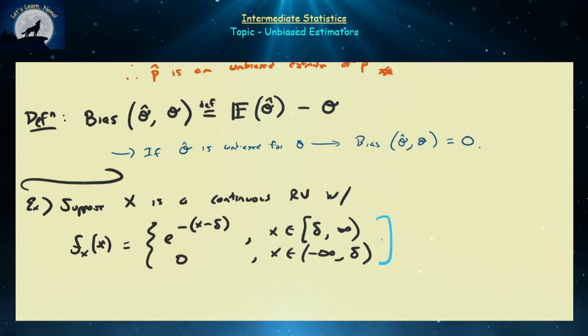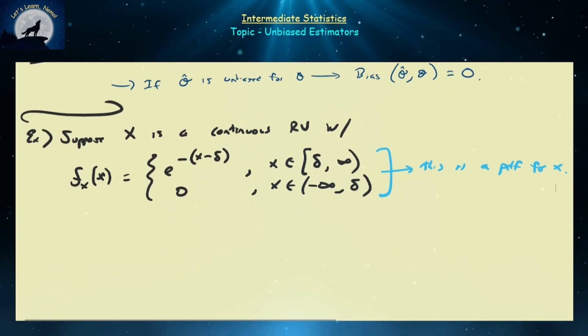I leave it for you to verify that this is a probability density function for X. That is, it satisfies the non-negativity condition, and the integral from minus infinity to infinity of this density function must be equal to 1.